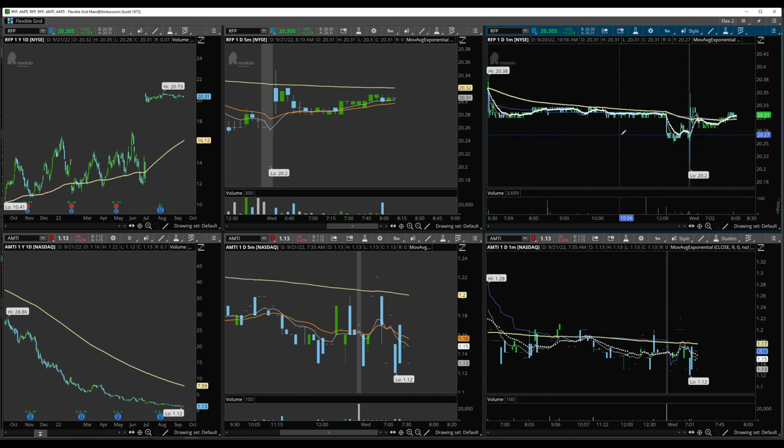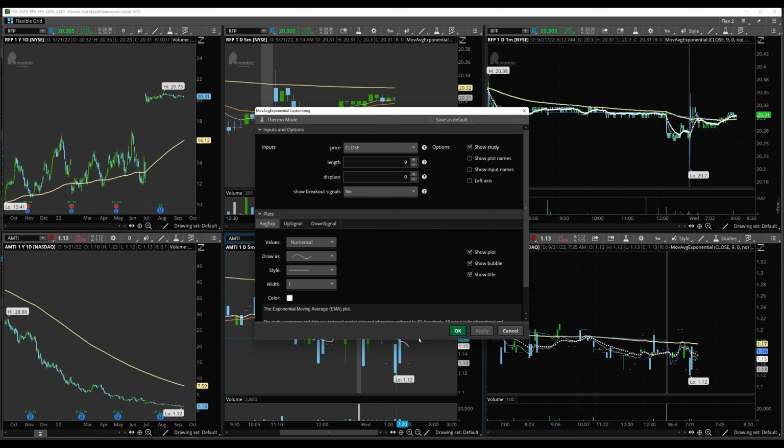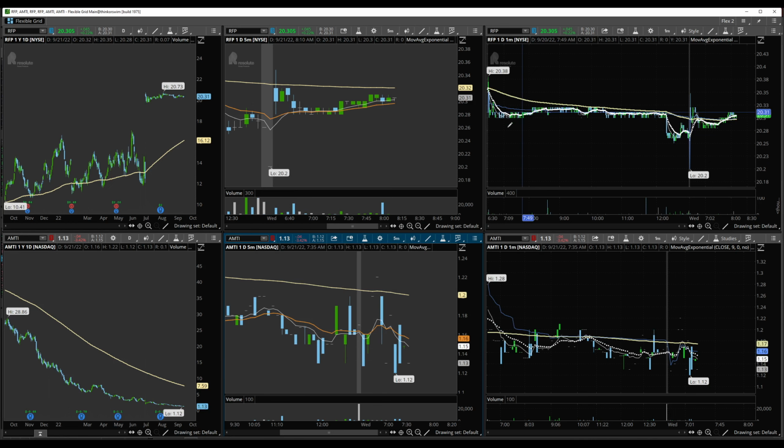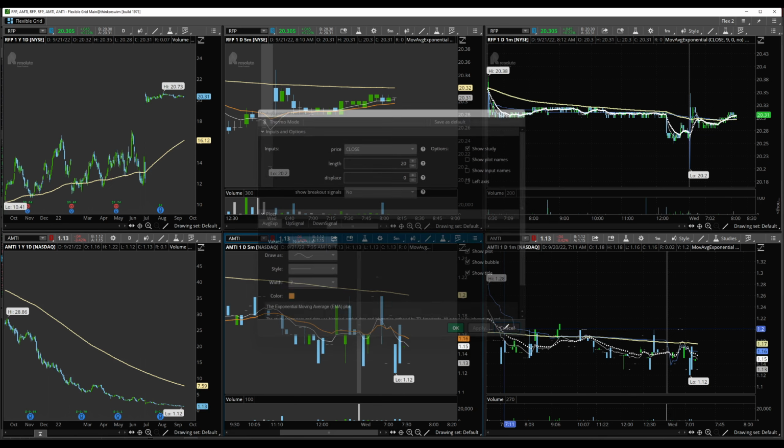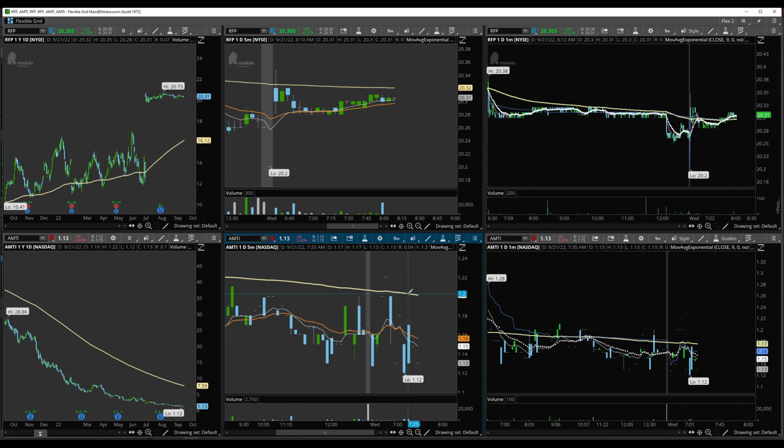No, that's the VWAP. Let me see which one it is. Yeah, so apparently I have that line set as white for my 5-minute charts. So, yeah, and then the orange is my 20 days. Interesting.